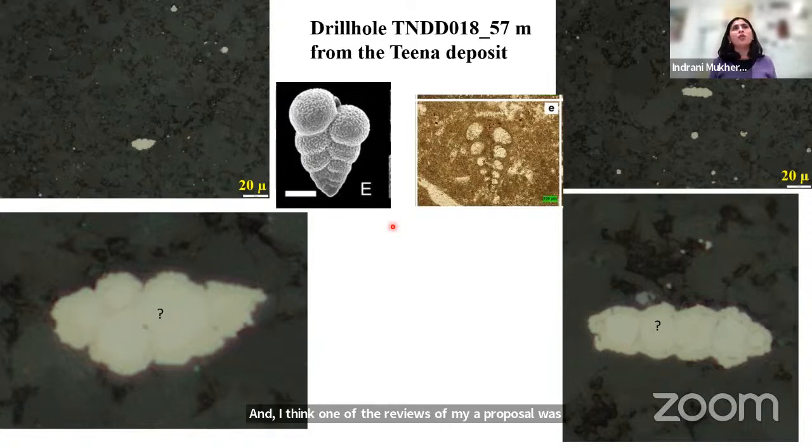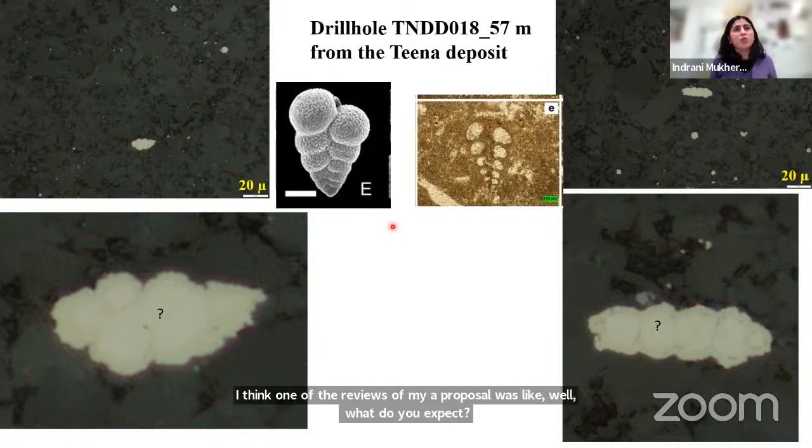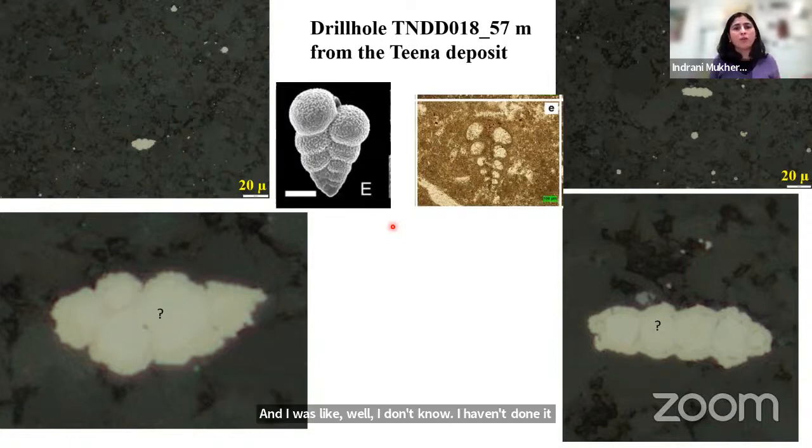And I was like, well, I don't know. I haven't done it yet. That's the whole point of doing this experiment, to see if you see any difference in speciation and if they are homogeneous or heterogeneous, because you never know with biology. They're capable of both. So really keen to see what comes out of it.